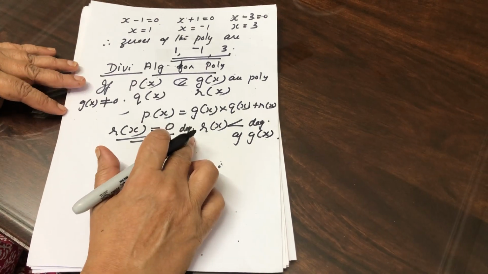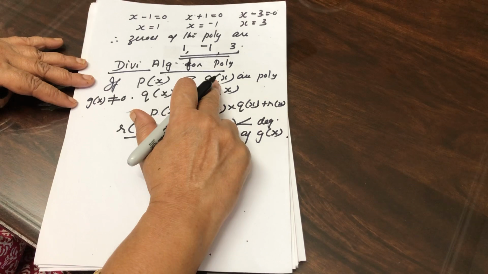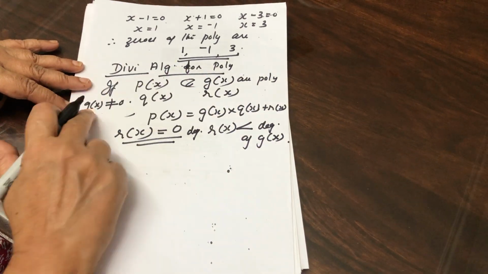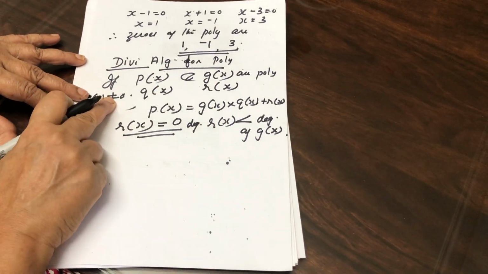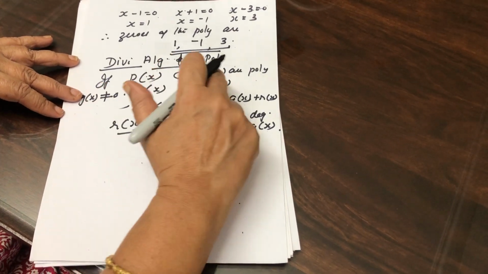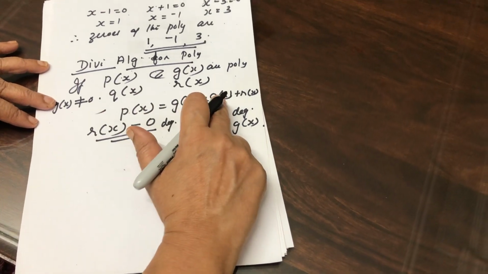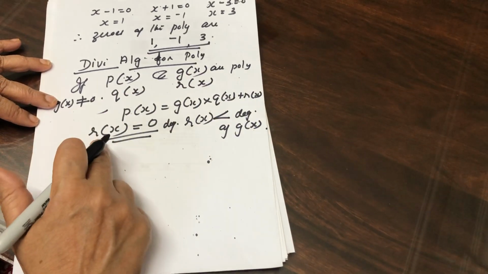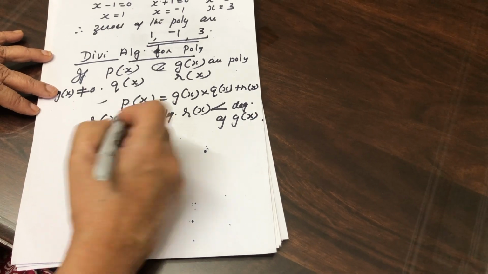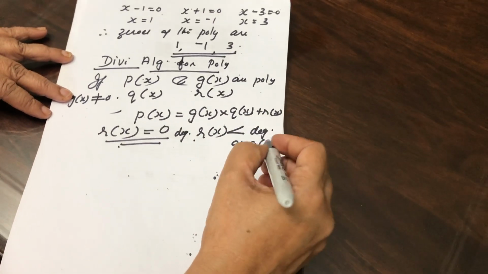Therefore, the division algorithm for polynomials is: if p(x) and g(x) are 2 polynomials with g(x) not equal to 0, you can find other polynomials q(x) and r(x) where p(x) is equal to g(x) into q(x) plus r(x), where r(x) is equal to 0 or the degree of r(x) is less than the degree of g(x).